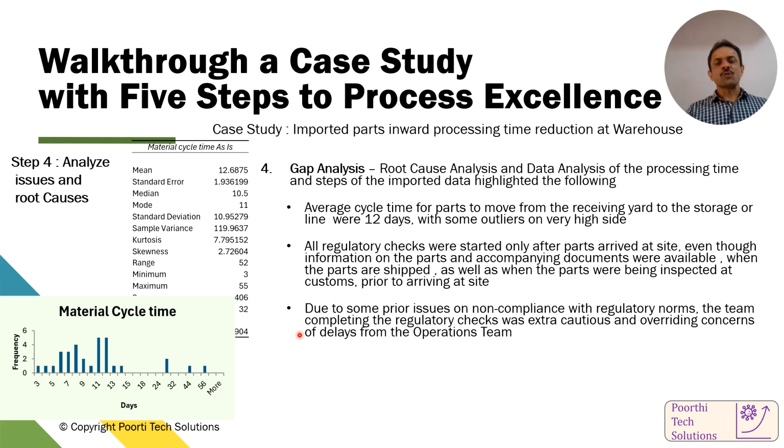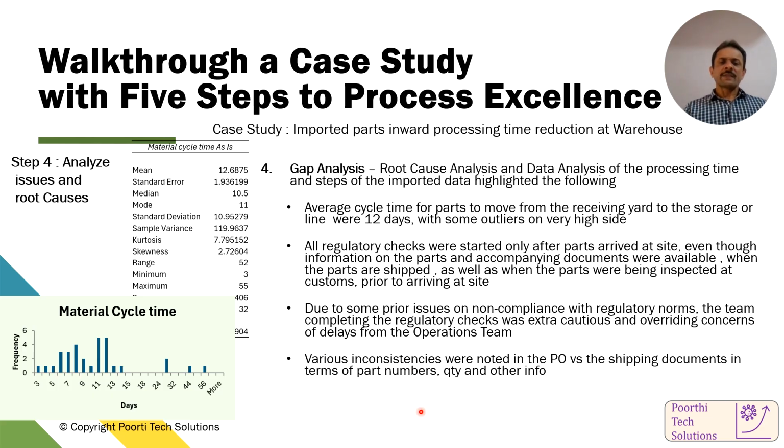Due to prior issues of non-compliance with regulatory norms, the team completing the regulatory checks was extra cautious, overriding the concerns of delays from the operations team. Various inconsistencies were also noted between the PO and the shipping documents in terms of part numbers, quantity, and other info.